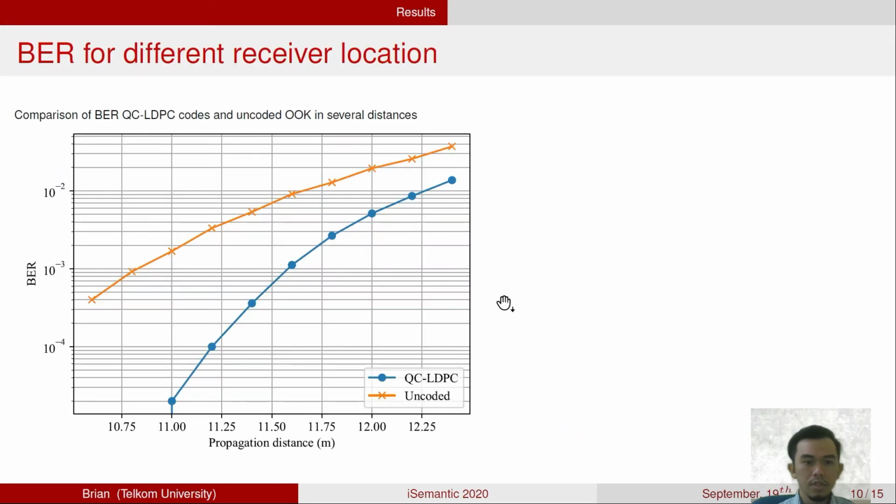Okay, now we are in the result. So this is the result of our research. The figure shows the comparison between uncoded OOK and QC-LDPC code in the same condition, and we look for the longest distance to the receiver. So this is the target: 10 to the power of minus 3.